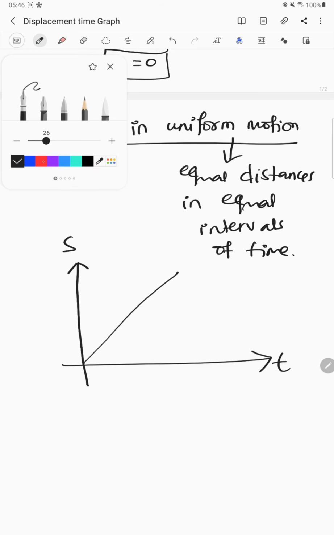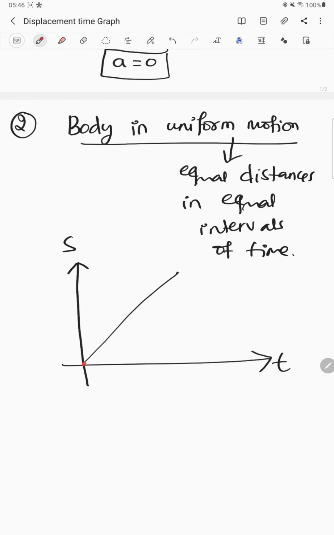So how to analyze this? Now look at this. For example, from this point to this point, let us assume 0 to 1 second, it has moved 2 meters. I'm taking an example. Then in another 1 second, 1 to 2 seconds, I have observed it has come to 4 meters. In 1 second, how much has it moved? 2 meters.